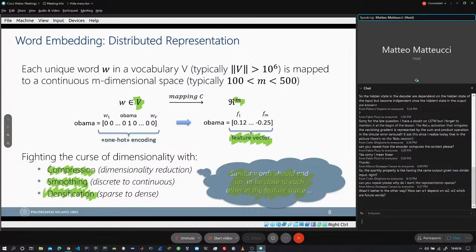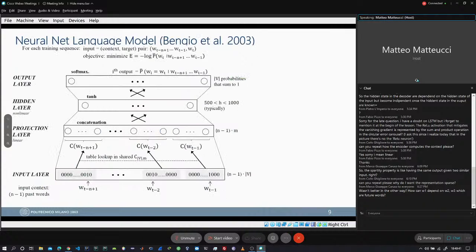Lots of goals, lots of ideas, very nice, but how do we actually implement it? The first step toward the idea came up in 2003 with what is called the neural net language model. The goal of this model was to solve the n-gram problem.